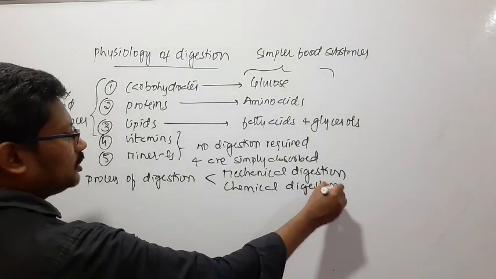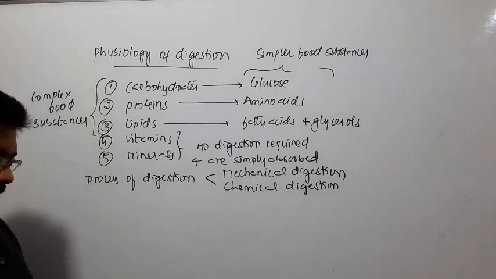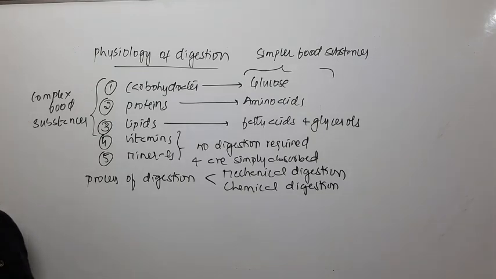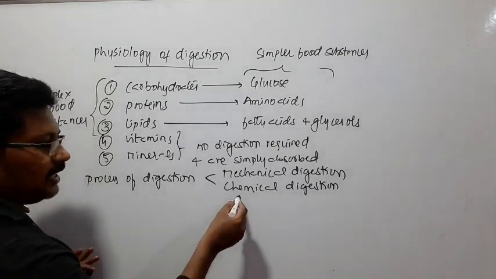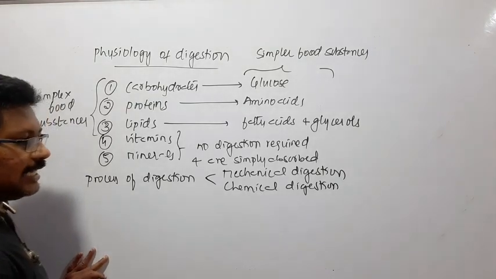The mechanical digestion is brought about by the teeth, where we chew the food, and also by peristalsis along the alimentary canal. Even the stomach shows peristaltic movements so that the food gets mixed with the enzymes and other substances in the stomach. Whatever digestion is done by these enzymes comes under chemical digestion.